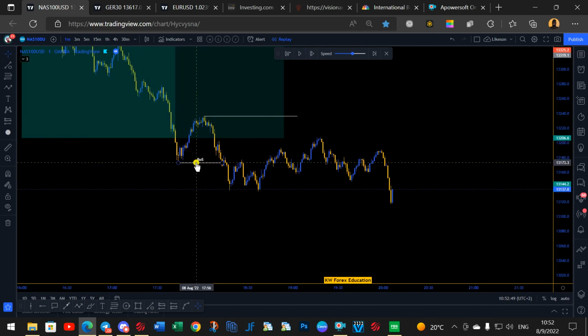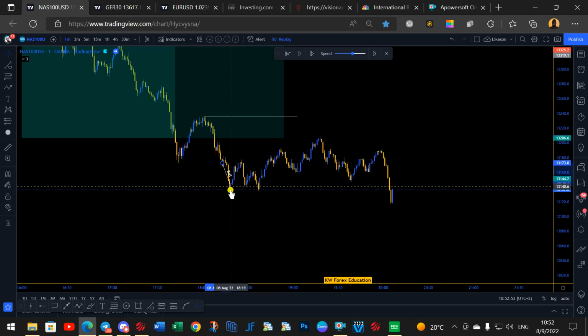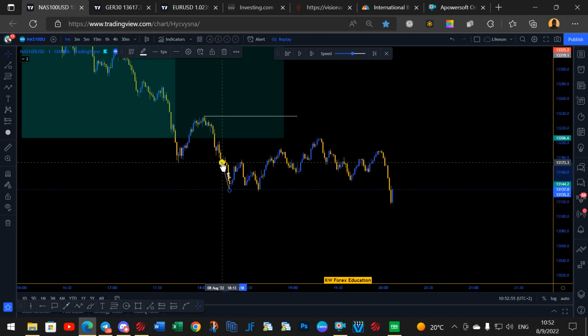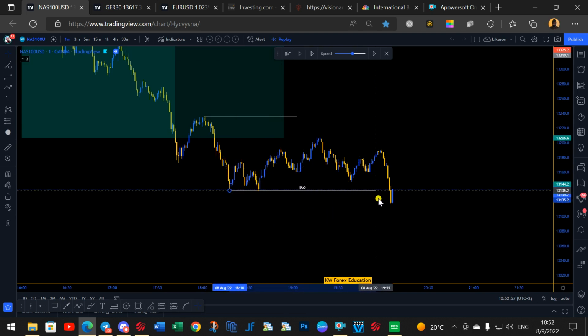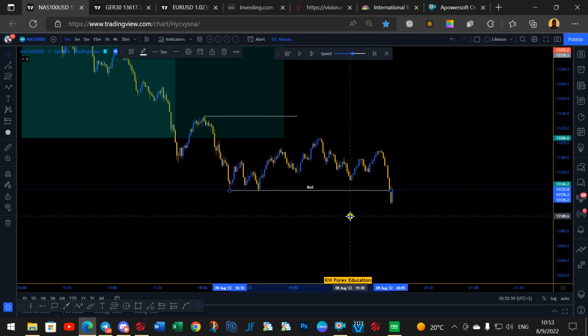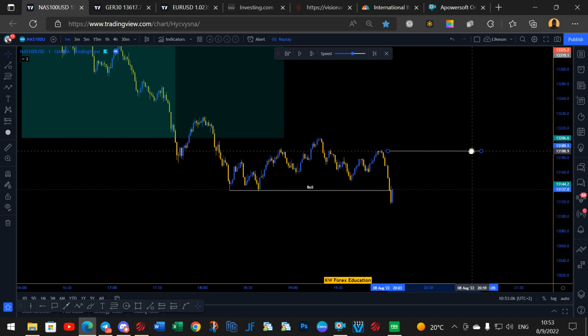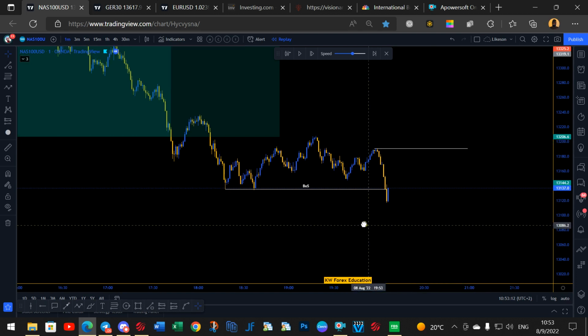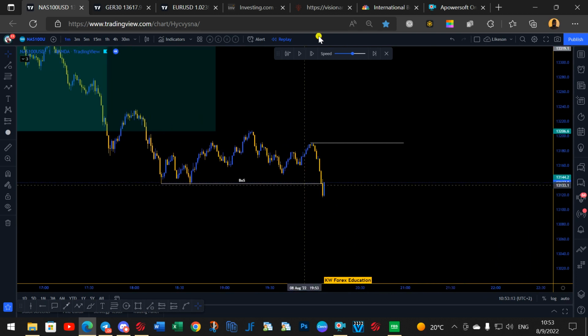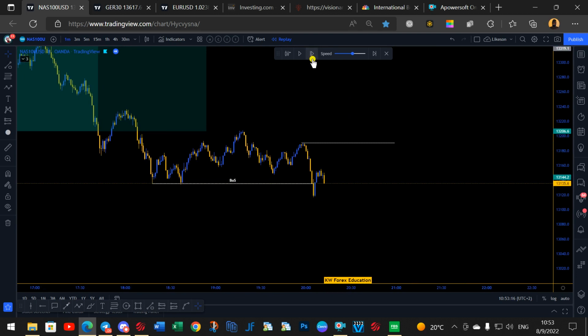Yeah, and we got that. So now we have a significant break of structure. That one there, right? We have a break of structure, making this our low. So, continue.